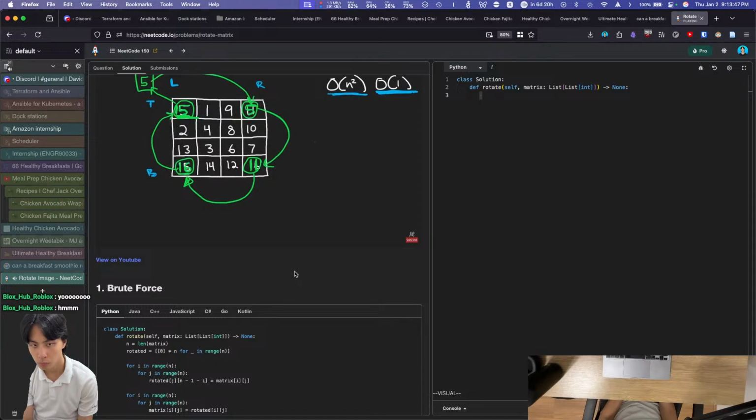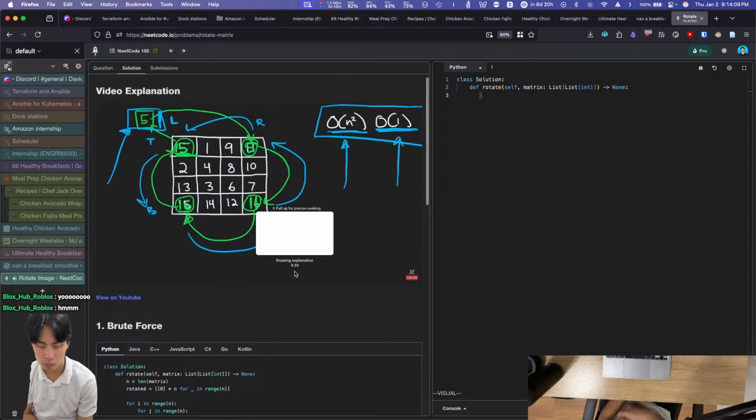We did the exact same rotation, but do you notice how we did it in reverse order, right? We went counterclockwise, and the reason that was helpful is we only needed 1 temporary variable, which will make the code a little bit easier for us, but it's not actually required. The overall complexity is still the same. The memory and the time complexity is still the same.